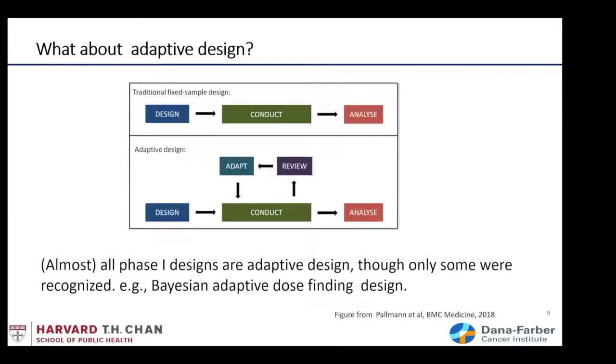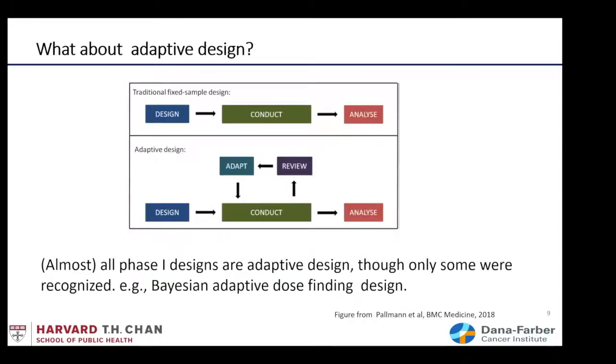For adaptive design, you design the trial, and during the study conduct you review the data observed on the study so far. Then you adapt. What does adapt mean? Make changes and plans for the study. Then you continue. You do this loop until you reach the final analysis.